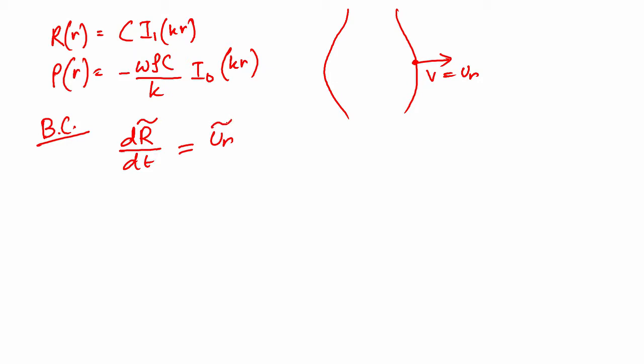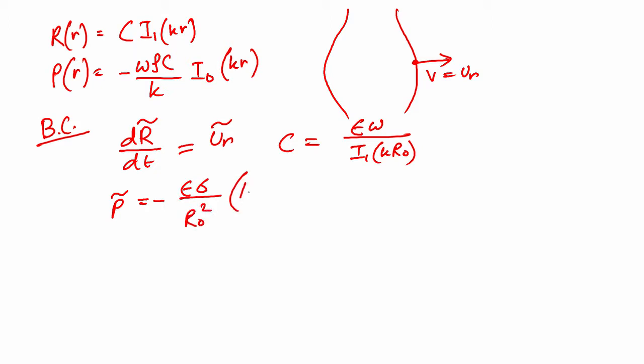We approximate it like this, and then with this we can find the constant C to be essentially equal to epsilon omega times I1 k R0. And then if you do the pressure balance, I will not go into that, we can obtain the pressure perturbation solution explicitly, which is given by epsilon sigma by R0 square times 1 minus k square R0 square times e to the power of omega t plus i k z.